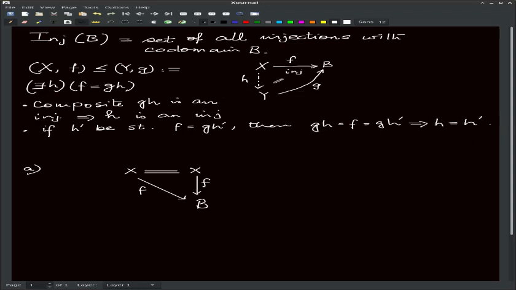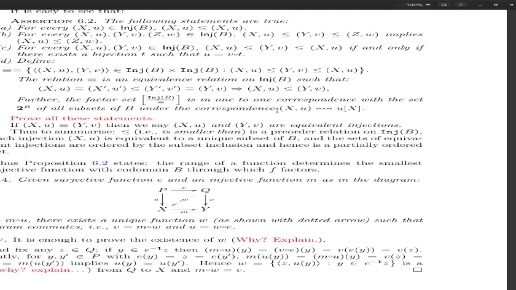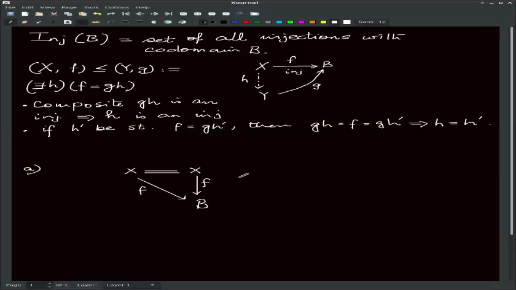So I don't need to say the uniqueness, but it follows, and moreover it follows that H is also an injection. So now the assertion 6.2a tells you therefore that XF is less than or equal to XF. Clear? Because you have already a one map from X to X, right?